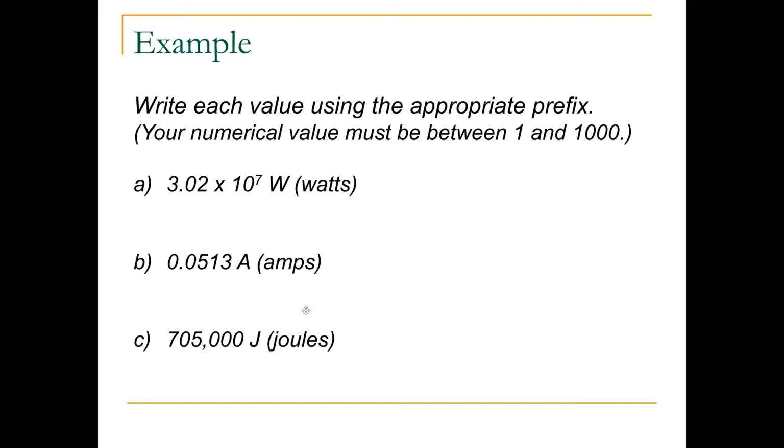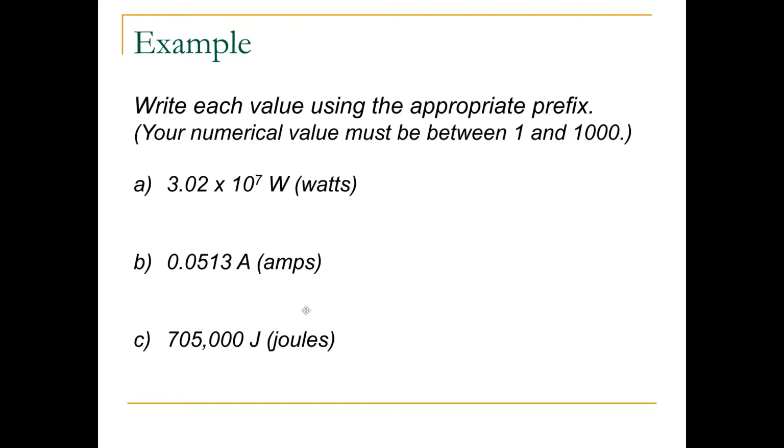All right, for A, 3.02 times 10 to the 7 watts. Since we don't have a prefix for 10 to the 7, at least not a commonly used prefix, what we would do is, if you imagine 10 to the 7 is really 7 tens multiplied by each other.